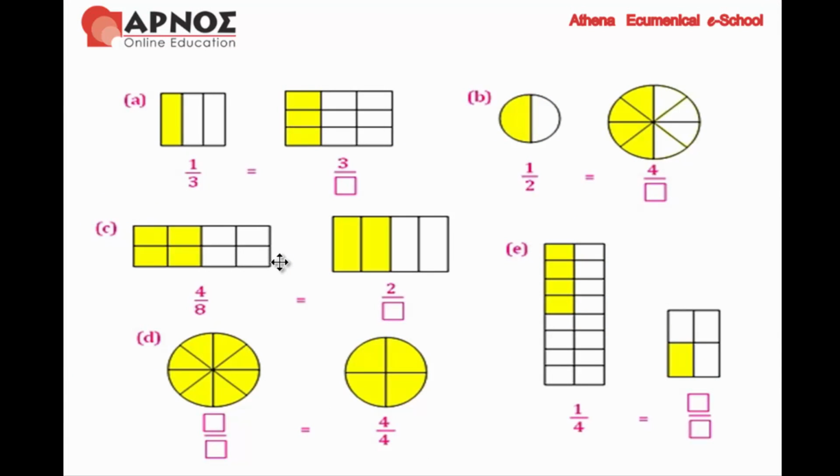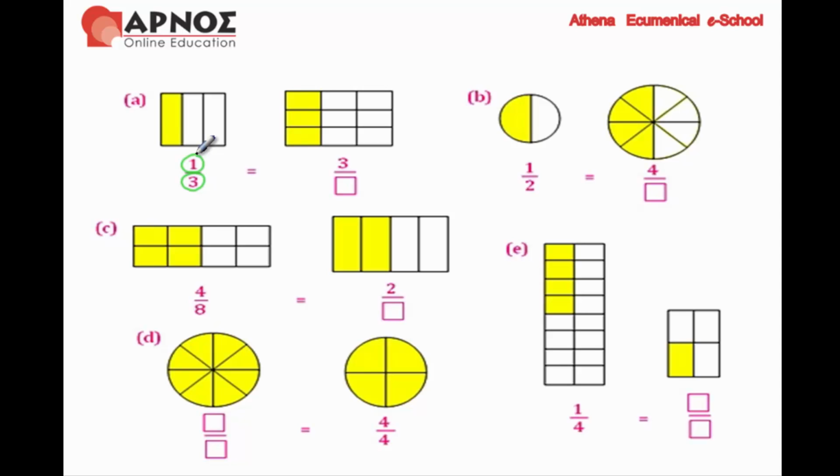Let's see another example to understand the meaning of fractions. We have an exercise which is separated into questions, so let's see those separately. We have the fraction whose numerator is 1 and denominator is 3. Okay. Let's see the other example.